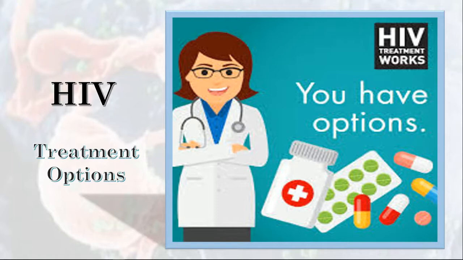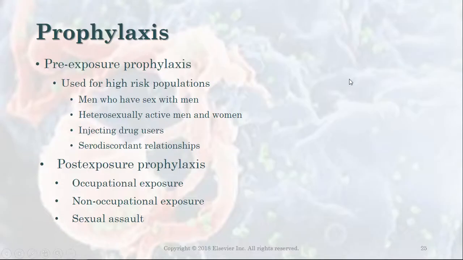There are HIV treatment options available, especially for pre-exposure prophylaxis. Pre-exposure prophylaxis is used for high-risk populations: men who have sex with men, sexually active men and women, injecting drug users, so IV drug users, and people in serodiscordant relationships.